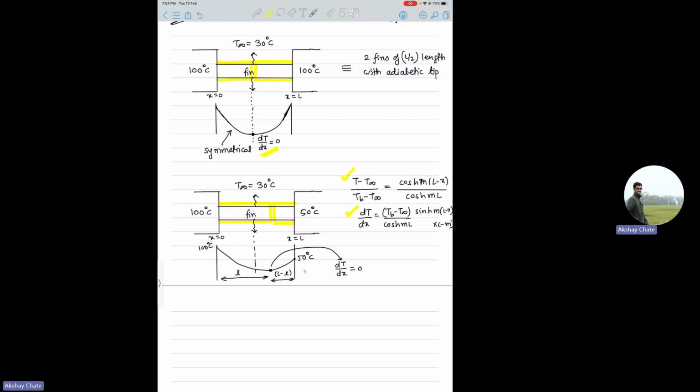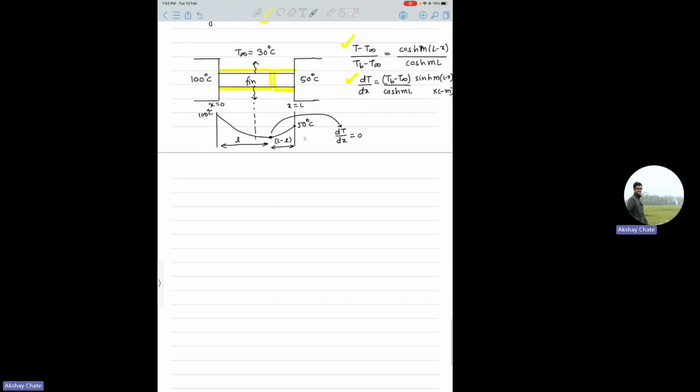Okay, so we'll go to the lumped heat conduction part first.